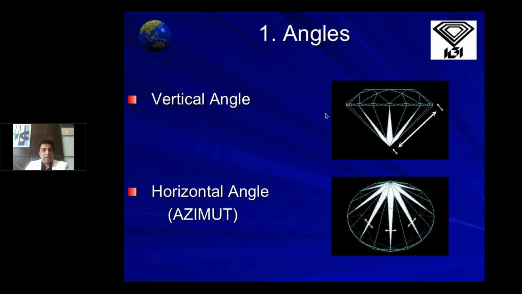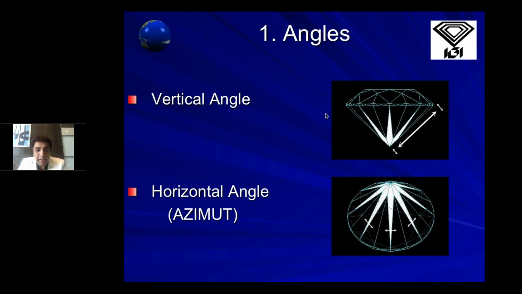The vertical angles are a little easier to achieve. We have our proportions, we have equipment like Sarin and other measurement equipment which will help you cut and polish diamonds according to perfect angles, like what should be the right pavilion angle, what should be the right crown angle. All that is possible with modern equipment today.